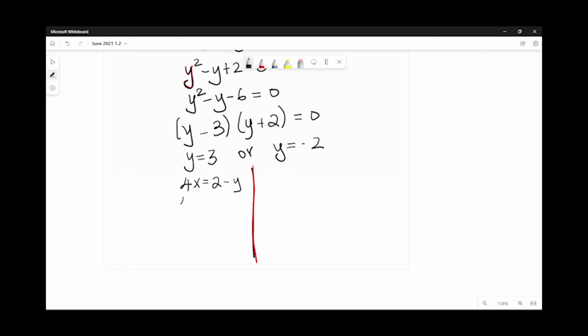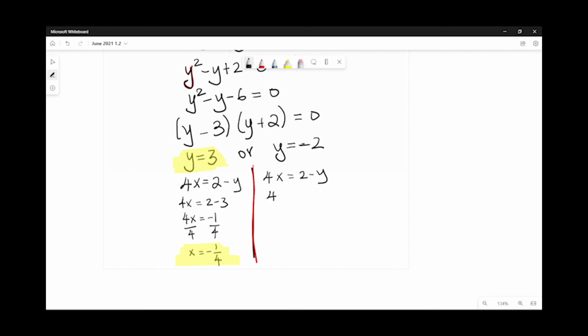I'm going to have 4x is equals to 2 minus 3. That's 4x is equals to minus 1. Divide both sides by 4. x is equals to minus 1 over 4. That is our x value here, corresponding to this y value. And then on the other side, 4x is equals to 2 minus y, and we're substituting our negative 2.